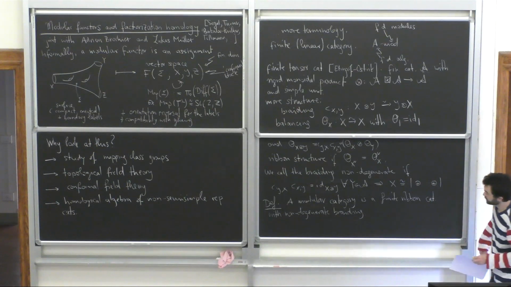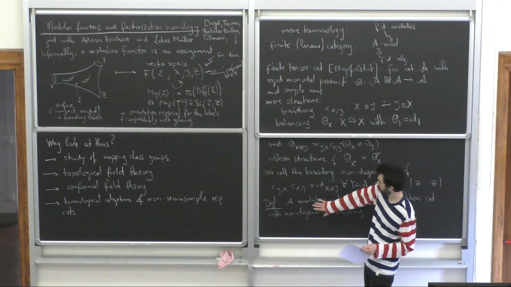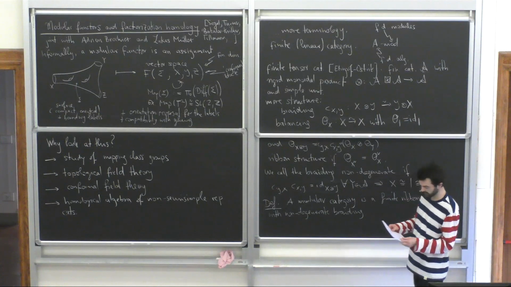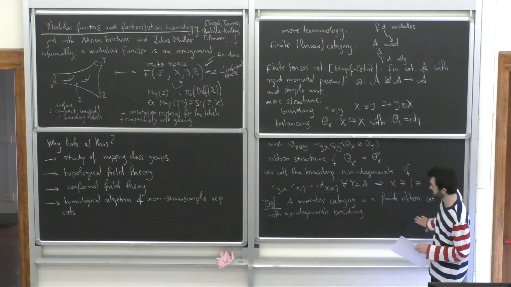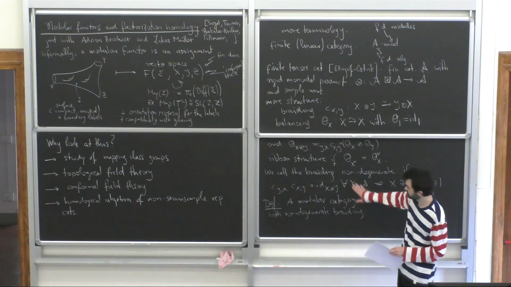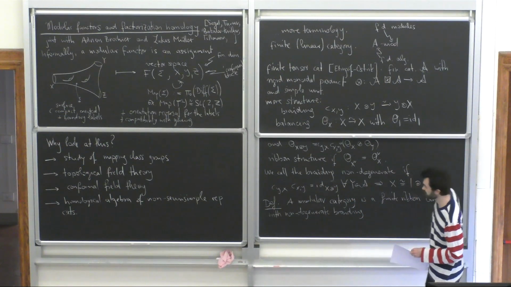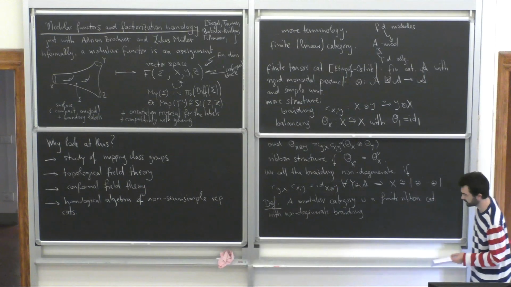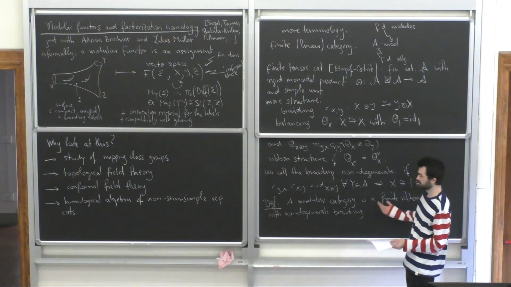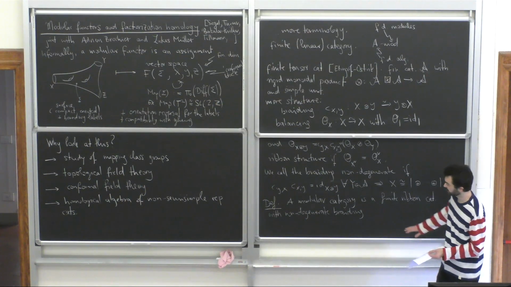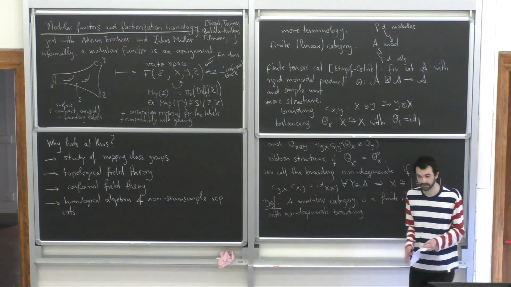How do you get modular categories? So the sources are, for instance, certain Hopf algebras. So you take such a suitable Hopf algebra, you take modules over this, and if this is a nice Hopf algebra, for instance, the quantum double of a finite group, then this is going to be such a modular category.